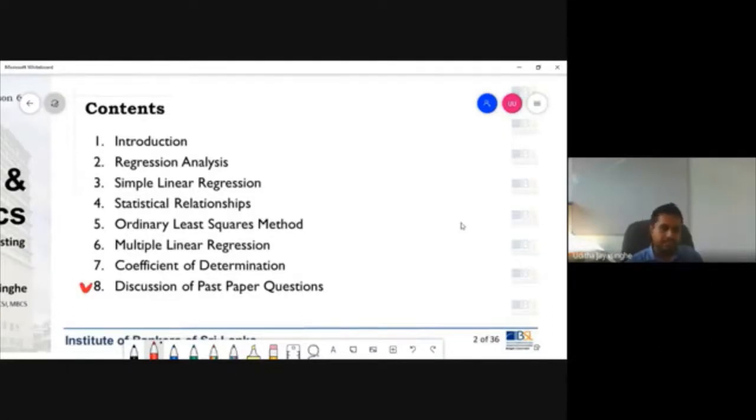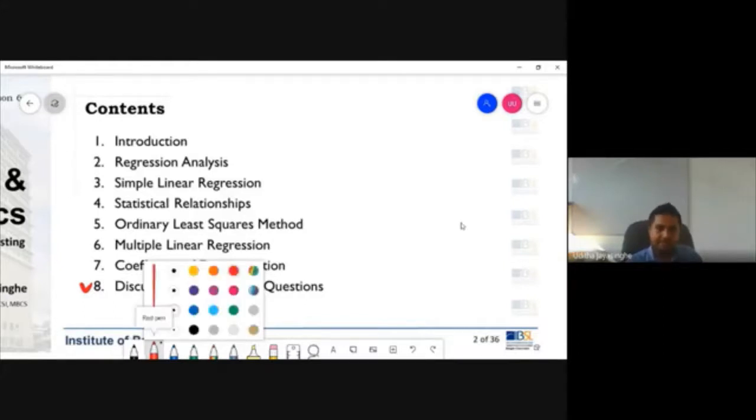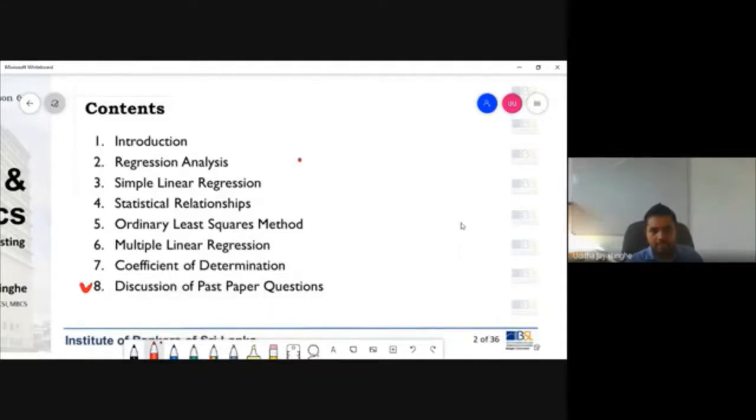First of all, we will get an introduction to regression analysis. As in all my other lessons, I really want to give an introduction as to why we are learning this subject area before we move on to the theoretical area on what regression analysis is. Once these two areas are completed, we will be learning two branches of regression analysis.